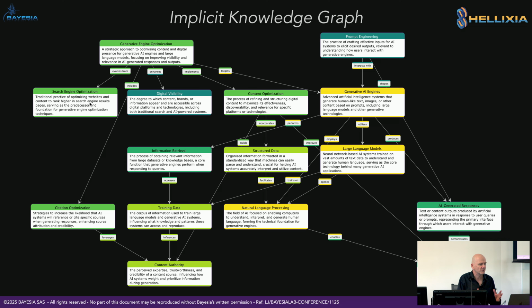So you have lots of different types of relationships. Here you see GEO evolves from SEO, right? Enhance digital visibility, will implement content optimization. So these are qualitative graphs. There are no parameters, right? So this is just a way to have knowledge of this.